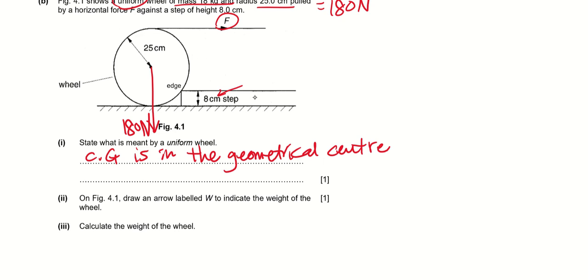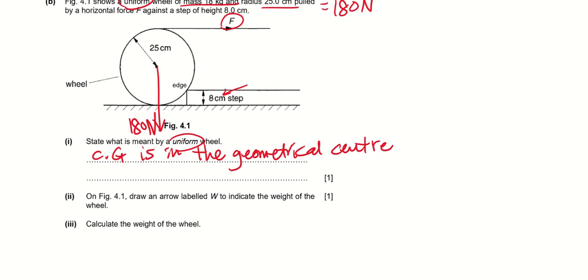Anything that's uniform, the mass is equally distributed. You cannot say that the weight is uniformly distributed. The weight is where the CG is, and CG is the point whereby the entire weight seems to act on.